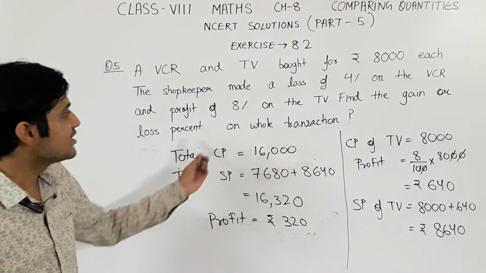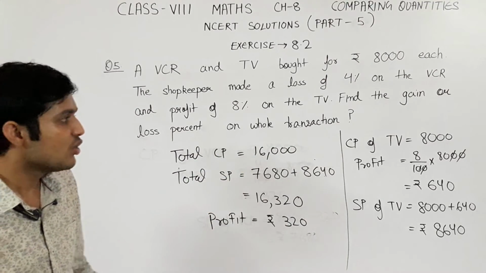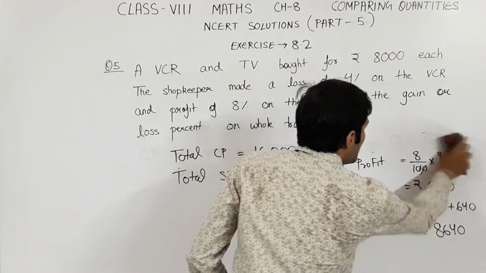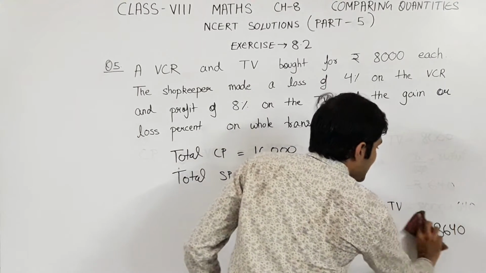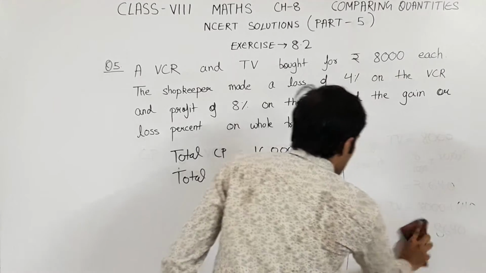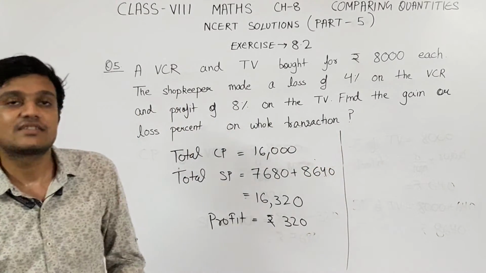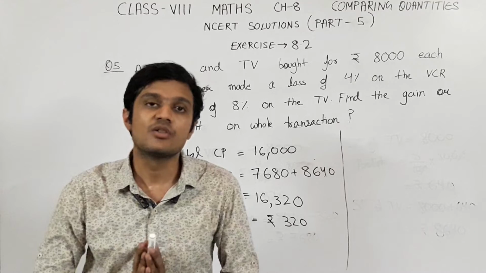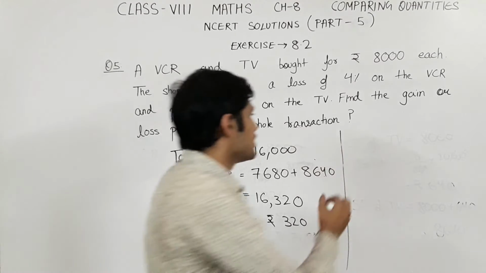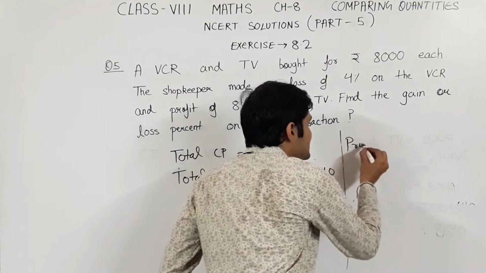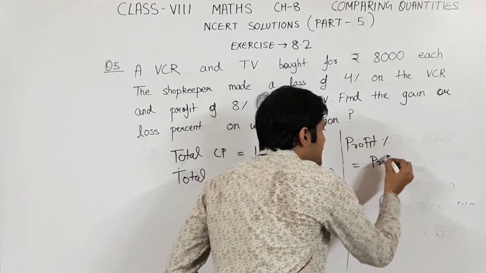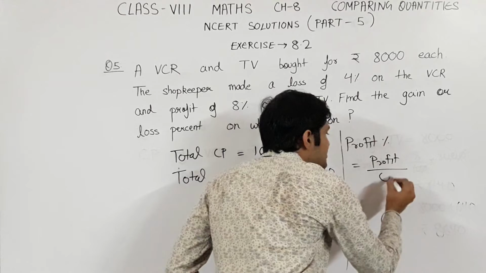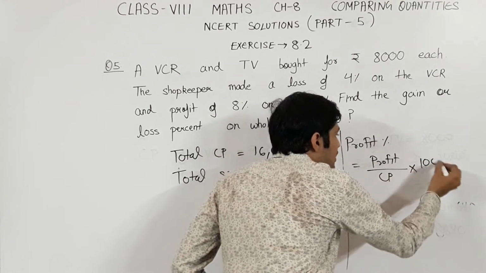Now we have to find the profit percent on the whole transaction. So the amount of profit is 320 and total cost price is 16,000. As we know, profit percentage is always calculated with cost price. So the formula of profit percent is profit upon cost price into 100.